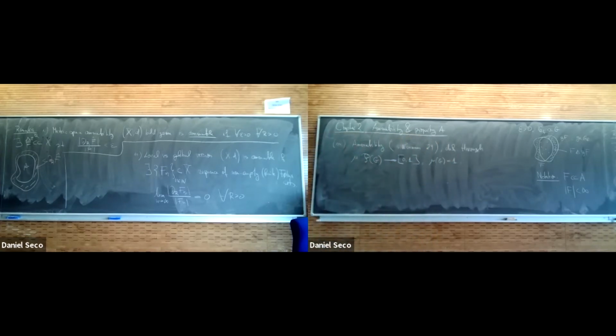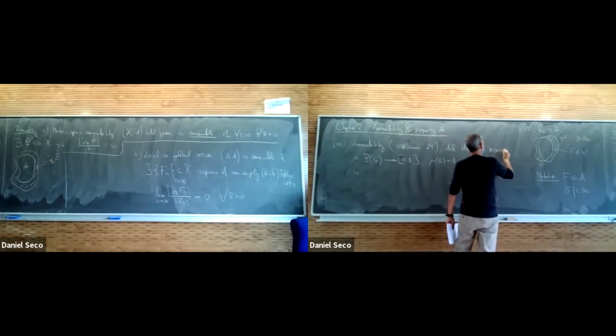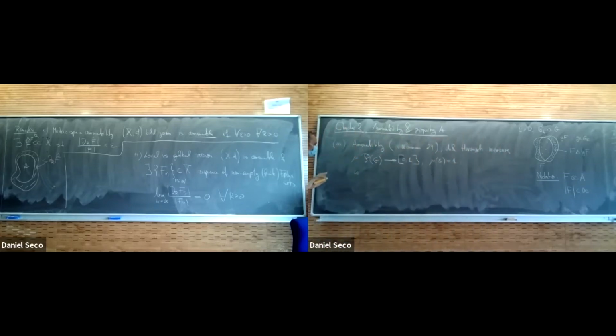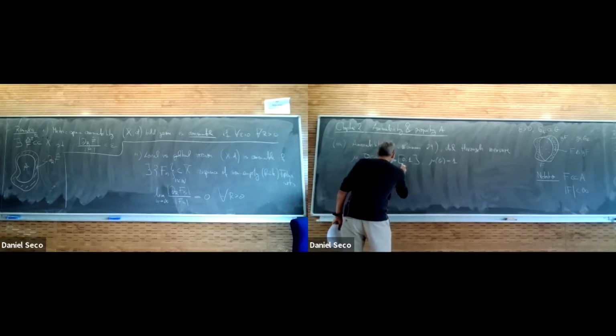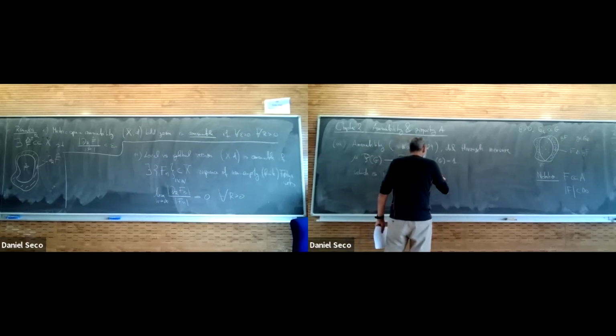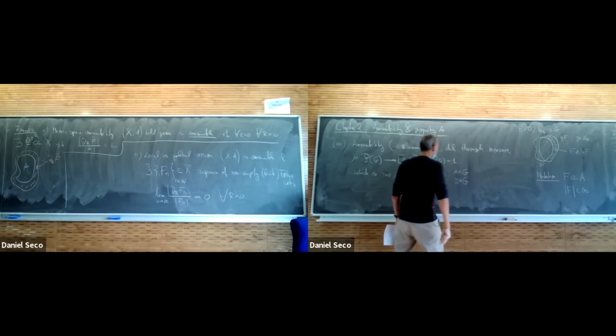And it's invariant under translation. What do I mean by that? If you take any subset A of the group and you move it by an element of the group, the measure is the same.